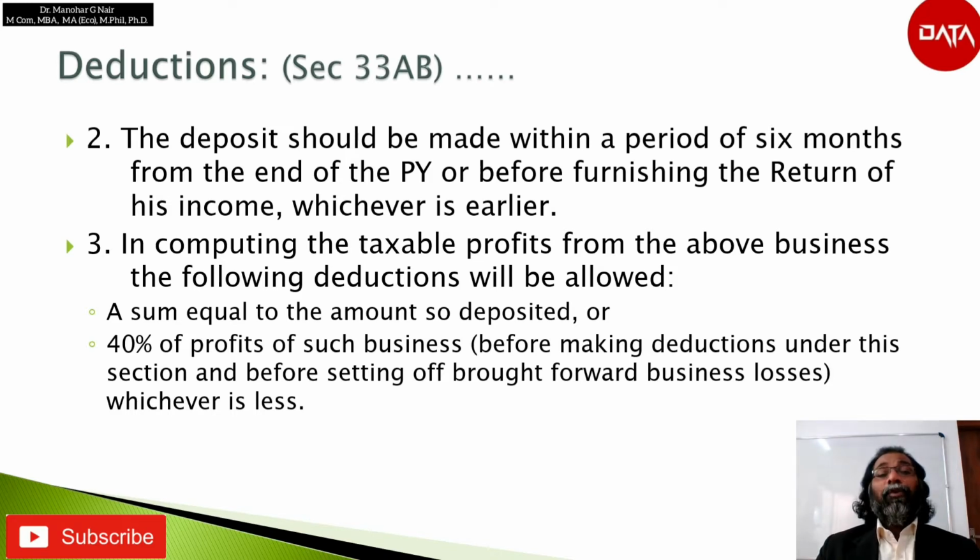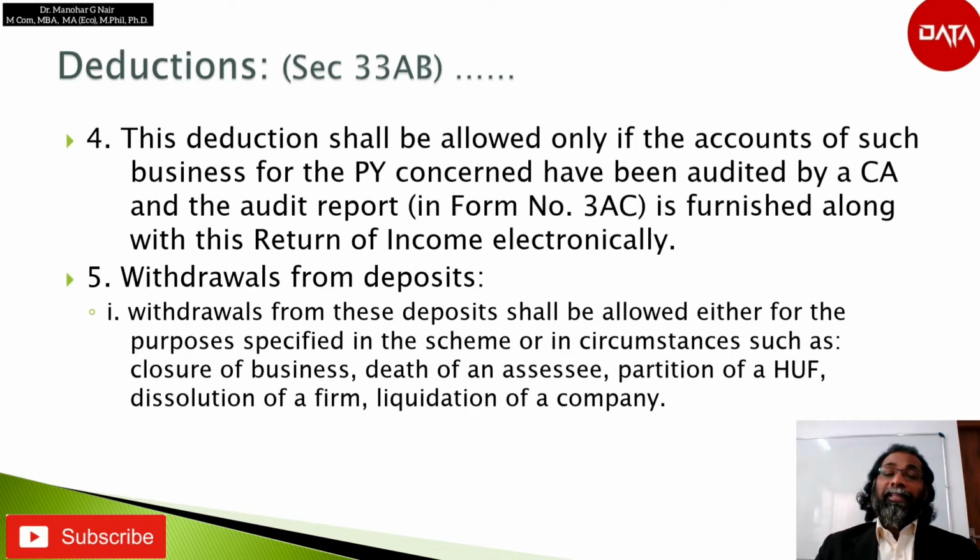Either the amount deposited or the 40% of the business profit. And the fourth point says this deduction shall be allowed only if the accounts of such business for the previous year concerned have been audited by a chartered accountant and the audit report in Form No. 3AC is furnished along with the return of income electronically.